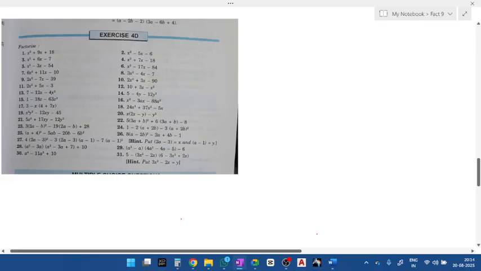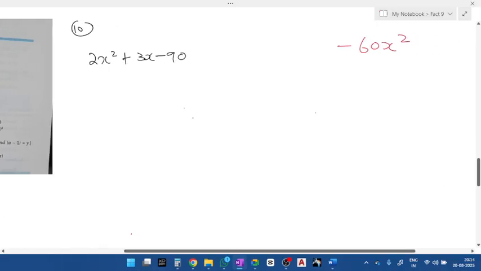Seventh one is also fine. Seventh, eighth. Okay, try the seventh one. Not seven, sorry. 11 is done. 12. 10th question, try the 10th one. 2x square plus 3x minus 90.